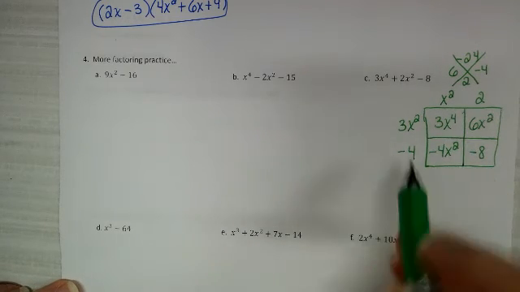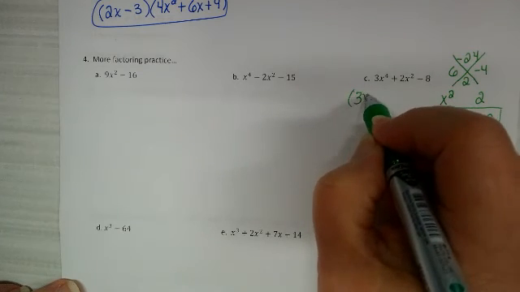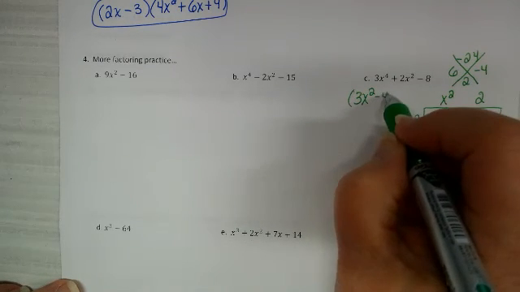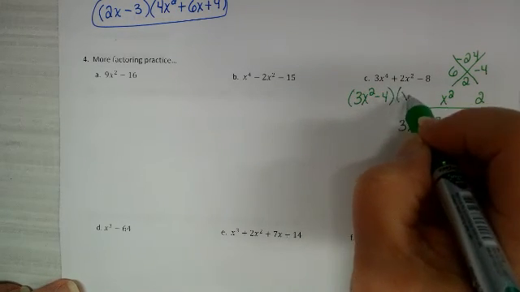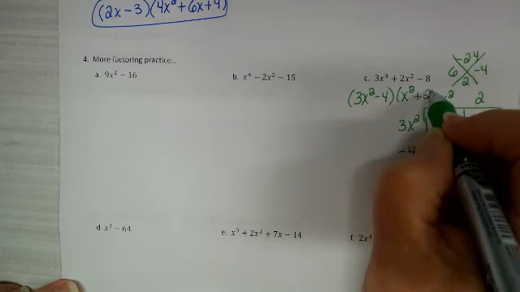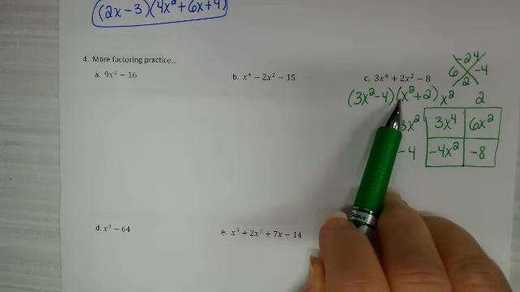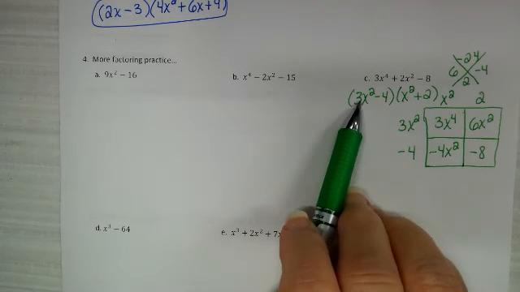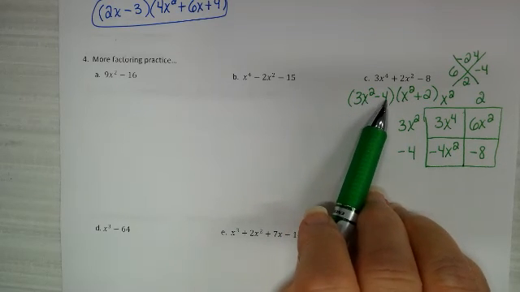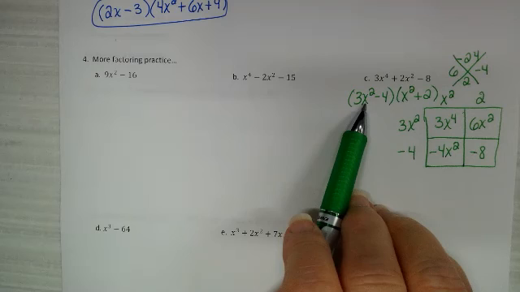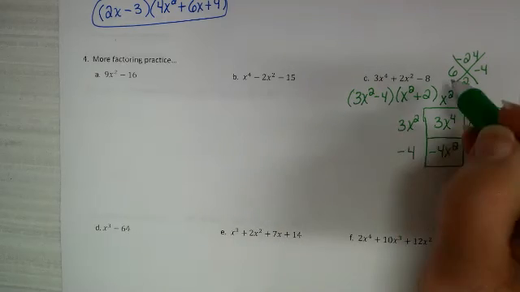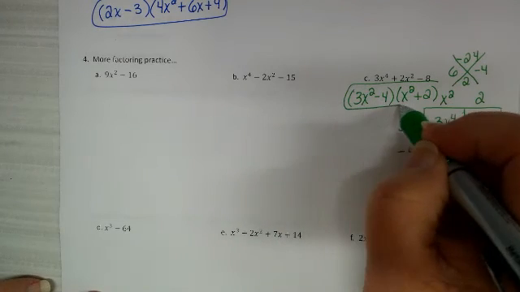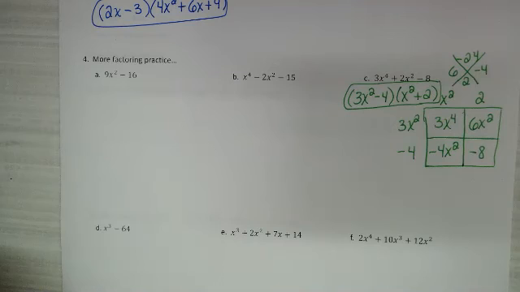So to be factored, I'm going to write 3x squared minus 4, and then x squared plus 2. Now x squared plus 2, I know I'm done because that's a plus. Now this one does say minus 4, but notice that 3x squared is not a perfect square. So I'm done. That's all I can do for this one.